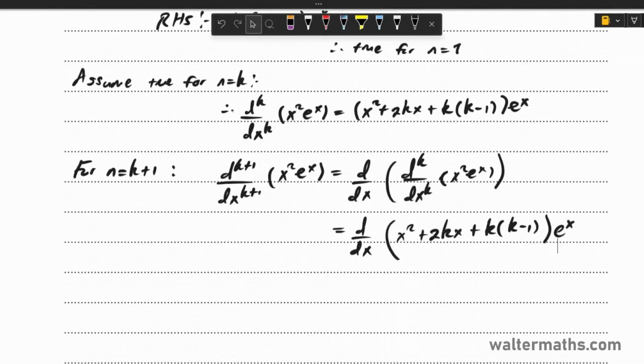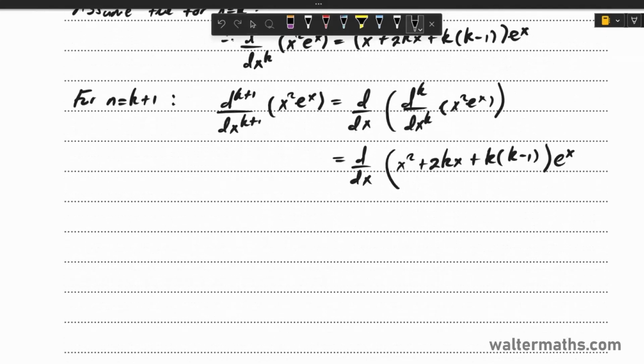All right, so we are going to differentiate this thing here, and we're going to treat this as a product. So, differentiating this product, we will get e to the x times the derivative with respect to x of x squared plus 2kx plus k of k minus 1.